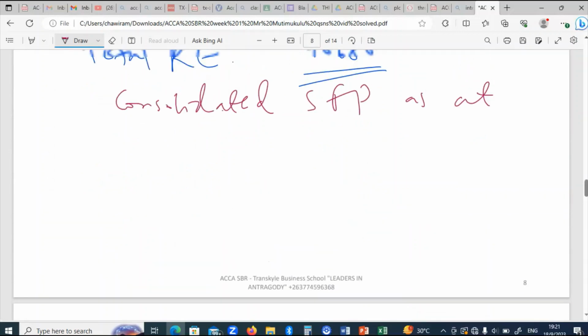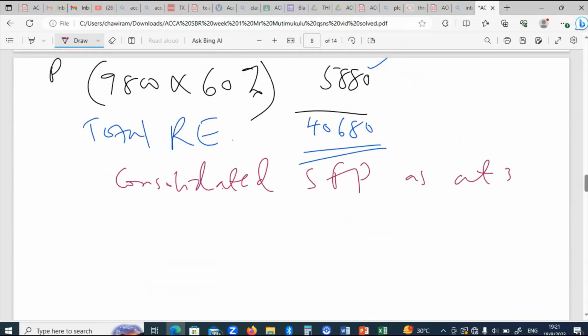31 December 2009. In the examination, you just have to write the full date. Do not put it in short form like this. And do not forget to write the name of the group. In this case, this is the Bensot group in full.